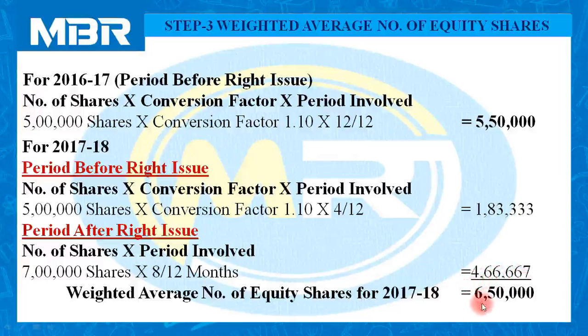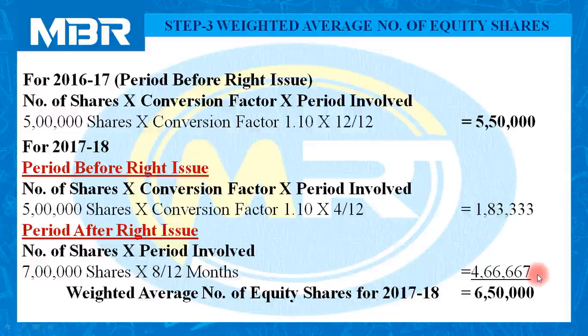So numbers of equity shares are 6,50,000 and these weighted average numbers of shares are applicable to our calculation of earning per share. I hope everyone is clear with the calculation of weighted average numbers of equity shares.